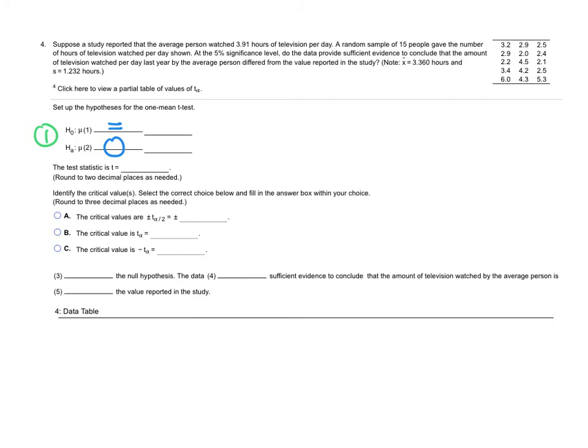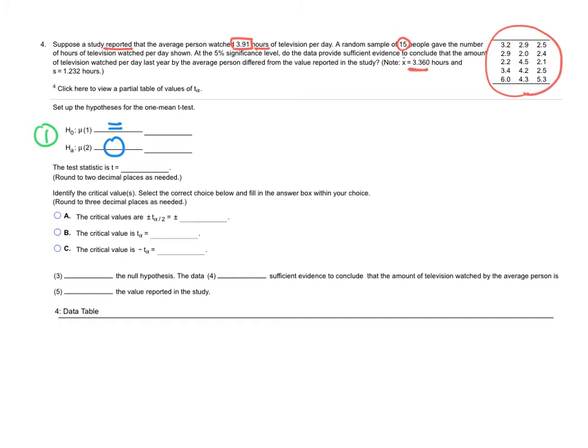So when you read the problem carefully, the study reported before the average watching TV per day is 3.91 hours. And now we have 15 people, the 15 sample.